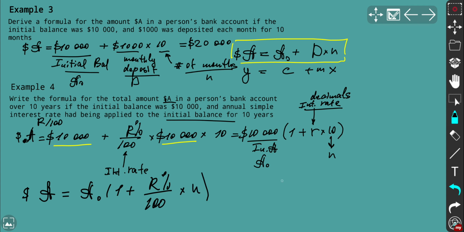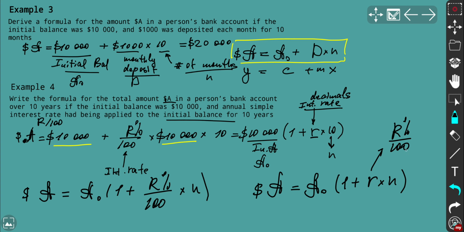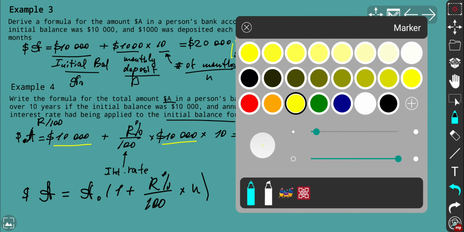Or we can use an alternative formula if we already have our percentage over 100 as rate as decimal, so we can also use that one. A0, initial amount, times 1 plus, let's say, small r times n, okay? Where small r is simply the rate as percentage over 100. So that's the way you can generalize the formula.